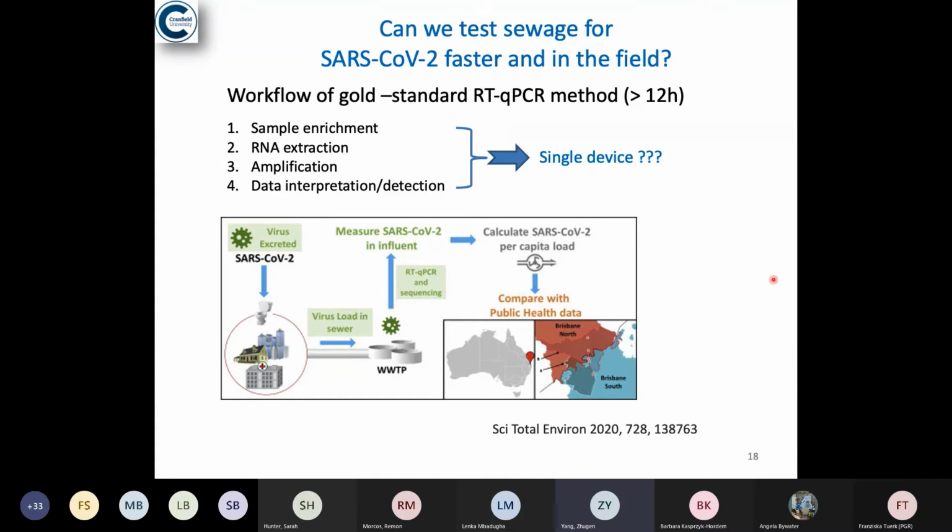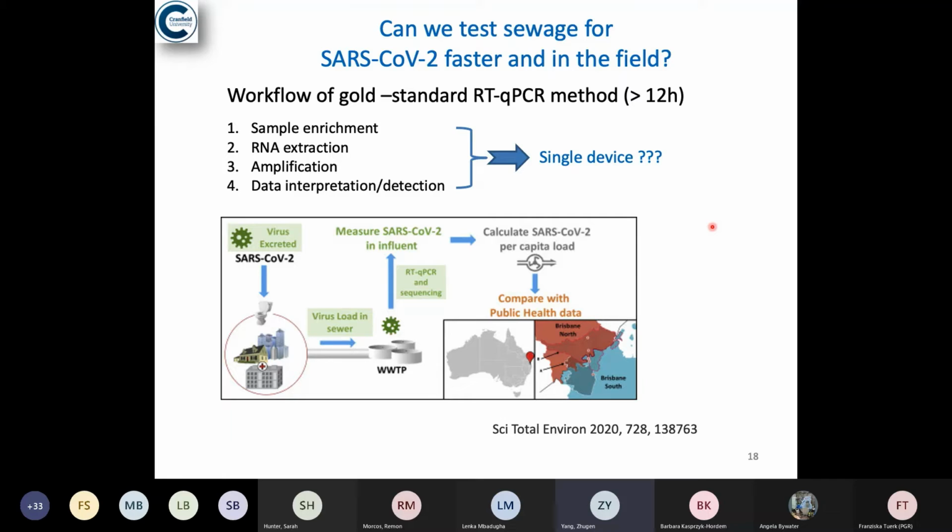Typically people need to take 100 or 500 milliliter sewage samples. The first step is to enrich the RNA from these sewage samples, followed by RNA extraction using commercial kits. The third step is to run the PCR amplification. Finally, we need to interpret the results.